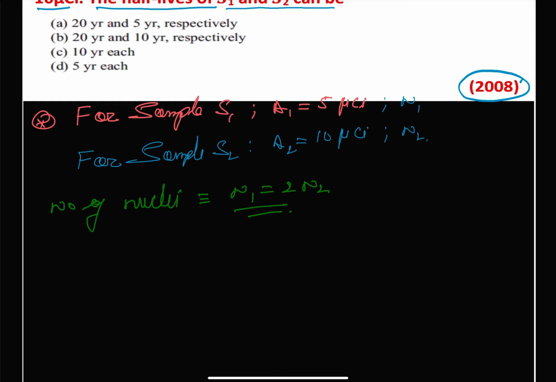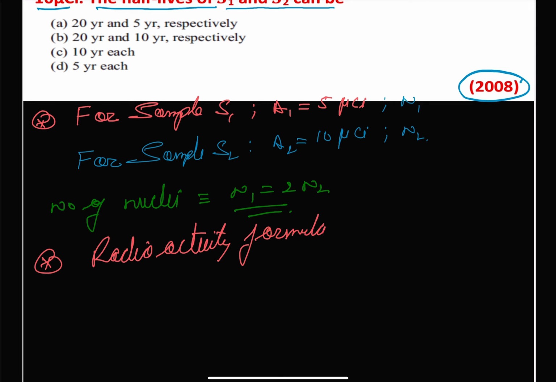Now we can just use our radioactivity formula and solve it. The radioactivity formula tells us that A will be equal to lambda times N, and lambda is natural log of 2 divided by the half-life.